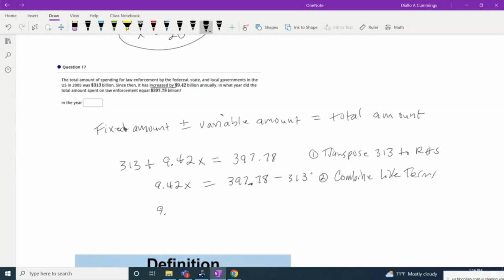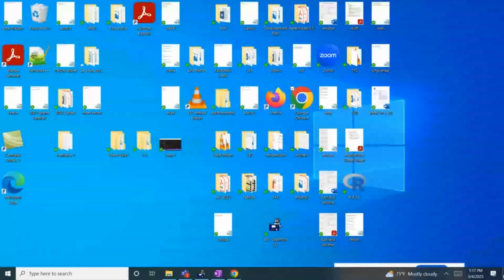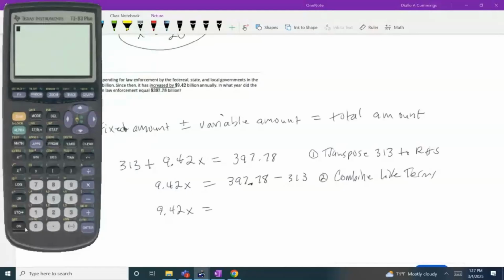There are no like terms on the left-hand side, so I'm going to bring down 9.42x. On the right-hand side, we're going to subtract. So let me bring up the calculator. 397.78 minus 313. We get 84.78.